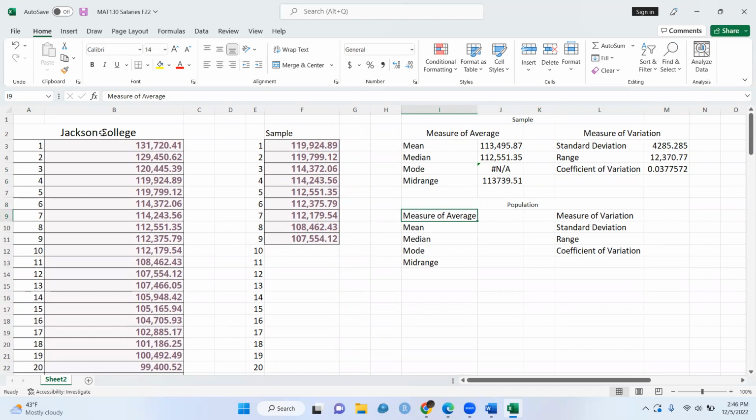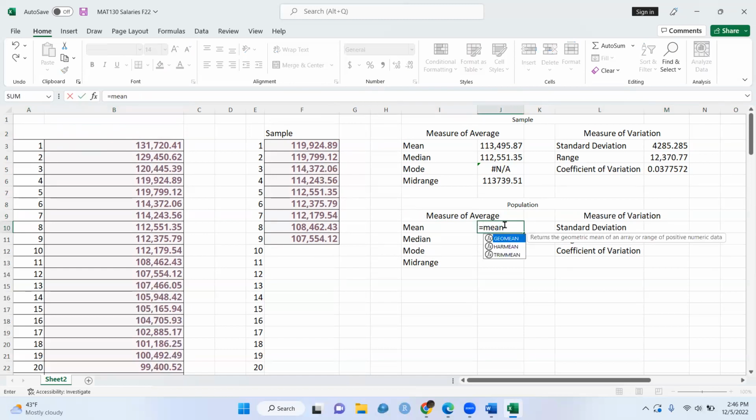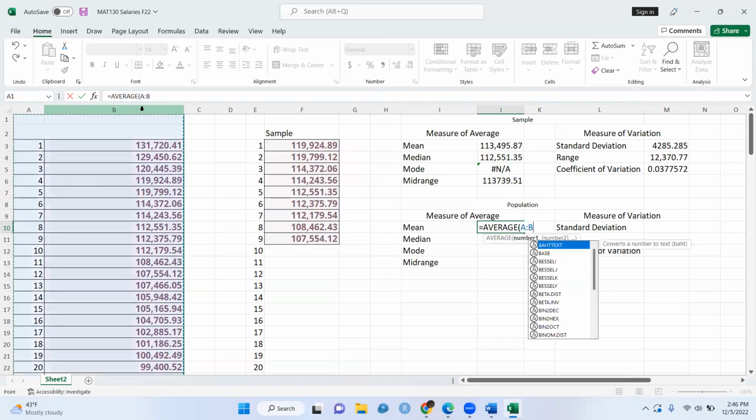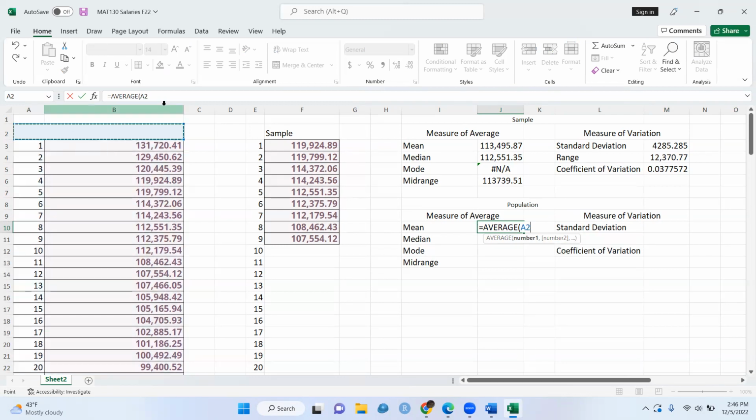You then do the same thing for the population, but instead, you're taking all of the data values. So one of the things you can do is you can delete this thing, and notice it's column B. So you could do equals average, and you can select that column. Oh, no. I guess we have to hang on.